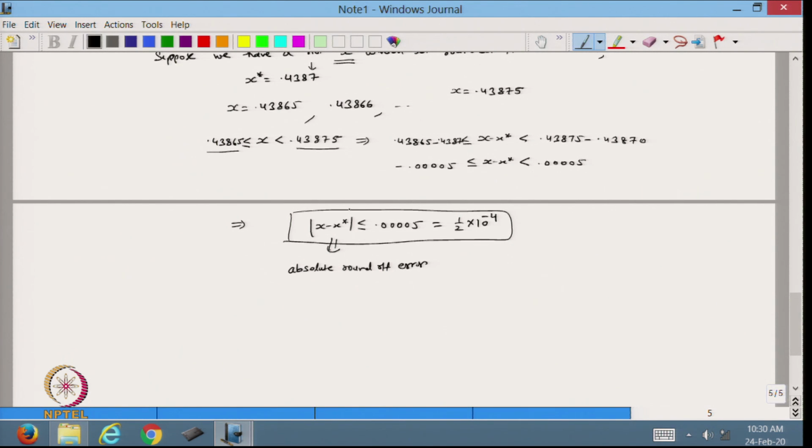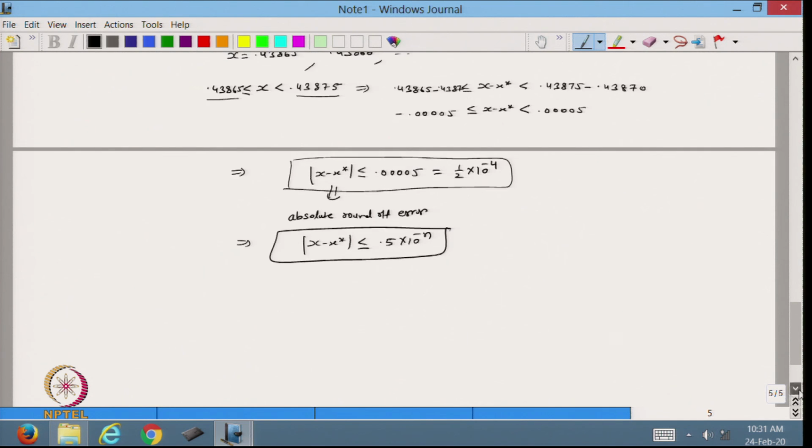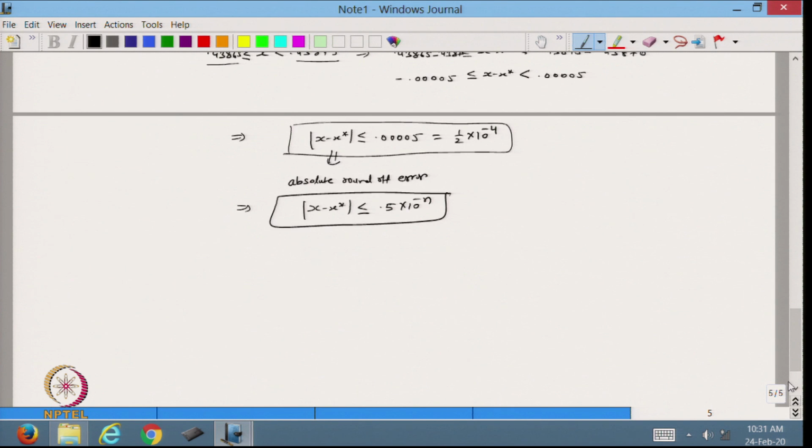Wherever the digit I am rounding, if I am rounding my number at the nth digit, this is always less than or equal to 0.5 into 10 raised to power minus n. So, the round-off error is always less than or equal to 0.5 times 10 raised to power minus n, if we are rounding the number after n digits. That is the way we can define it.